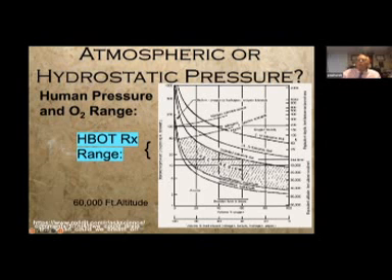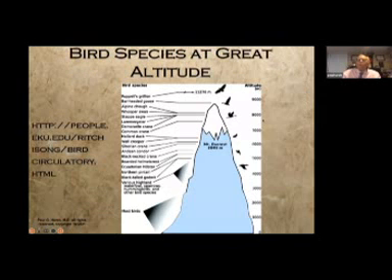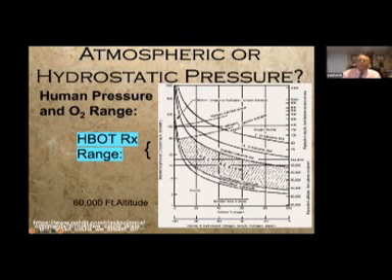And then below sea level, we're going up in pressure. So at sea level, we're here; at altitude, lower pressures; below sea level, much higher. Well, here's the safe zone that humans exist in, with oxygen, of course, as we get up to altitude.